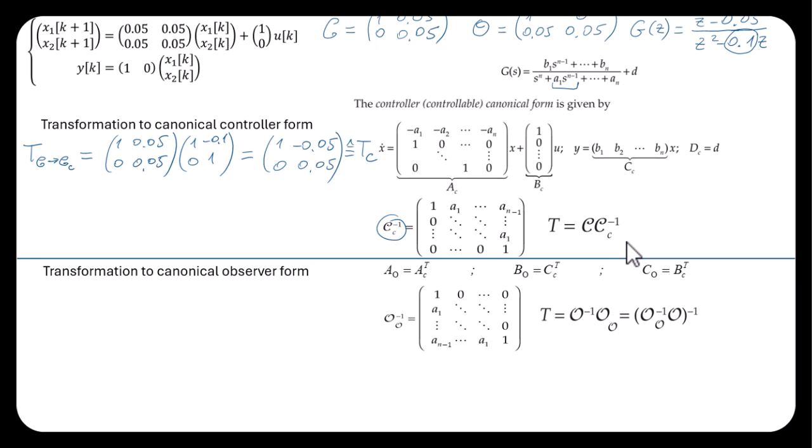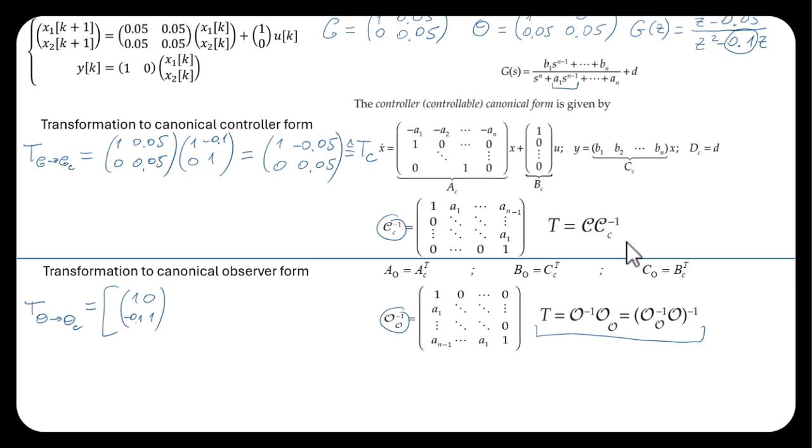Now we will do the same thing with the transformation to canonical observer form. So here is the formula for the transform, from observable state to canonical state. In the formula we have that matrix first, and that matrix is very simple. We have 1s on the main diagonal, 0 above the main diagonal, and a1, which is negative 0.1 here.